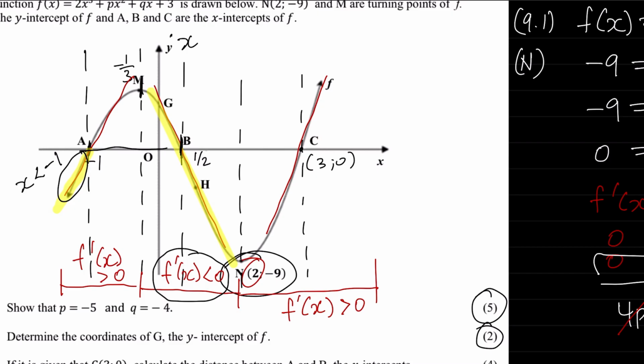So x must be between -1/3 and a half. And in the last section here, f prime x is greater than 0. So where is f of x less than 0? f of x is less than 0 in this region right here. So the last one is going to be x must be between 2 and 3.